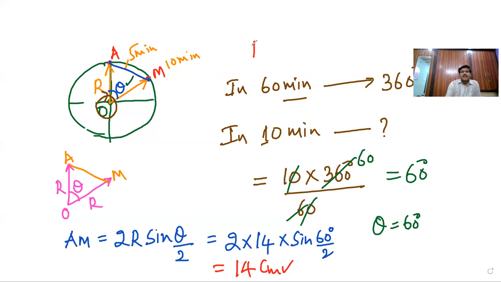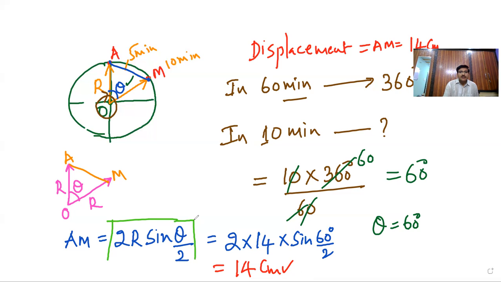In this case, here I write displacement is equal to AM, which is equal to 14 centimeters. Clear? This is the simple formula, and you just remember it by heart. You have already derived it in the previous classes.